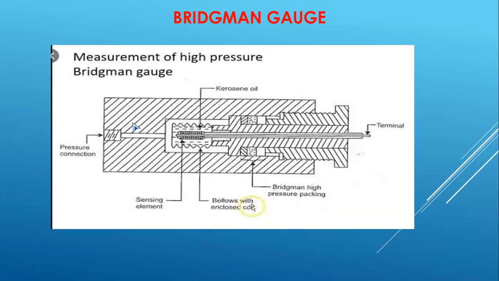If you connect a high pressure source to this pressure source connection, then there will be a connection to the cell which contains the sensing element and the bellow immersed in the kerosene. There will be a change in the electrical characteristics of the sensing element.